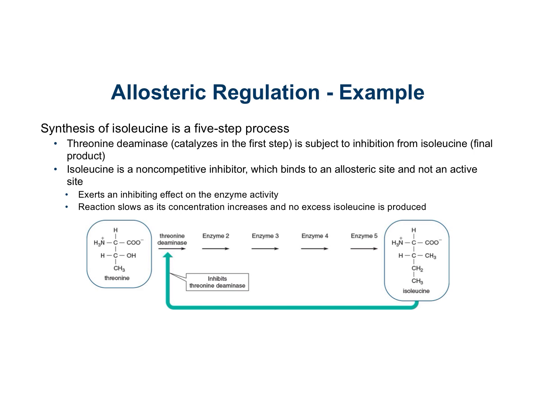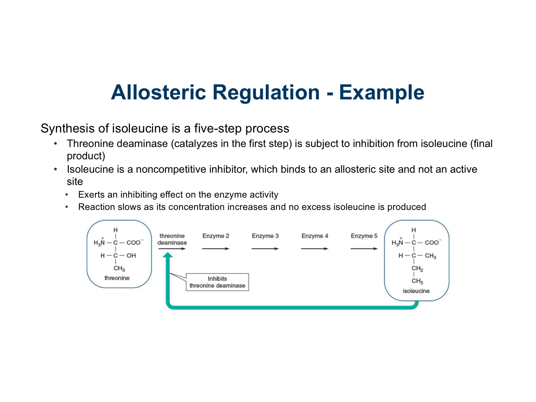And isoleucine, when it's there, induces a change in the conformation of the enzyme so that threonine binds really just poorly in that active site. So isoleucine exerts an inhibiting effect on the enzyme activity, and as a result, the reaction slows as the concentration of isoleucine increases, and then you don't get a bunch of excess isoleucine being produced.